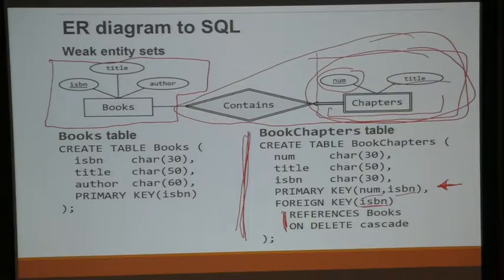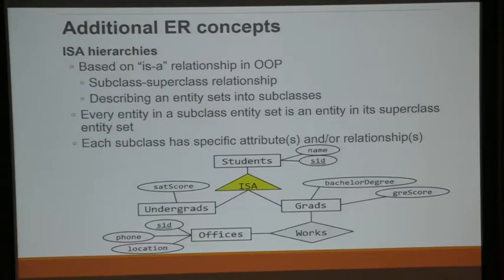The next one is other ER concepts that we haven't discussed that I'm going to introduce now, and one of them is based on what we call the superclass-subclass relationship. So if you study OOP, remember that you have the superclass and the subclass, and the subclass is a superclass.